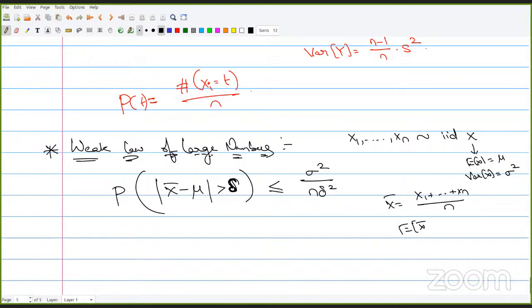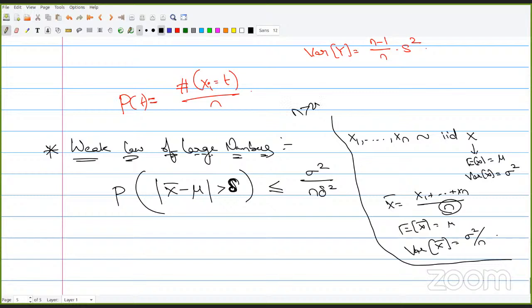The expected value of x bar is mu, and the variance of x bar is sigma square by n. These are all given to us, and we know n is sufficiently large. By sufficiently large I mean n greater than 25, or sometimes many people say 30.